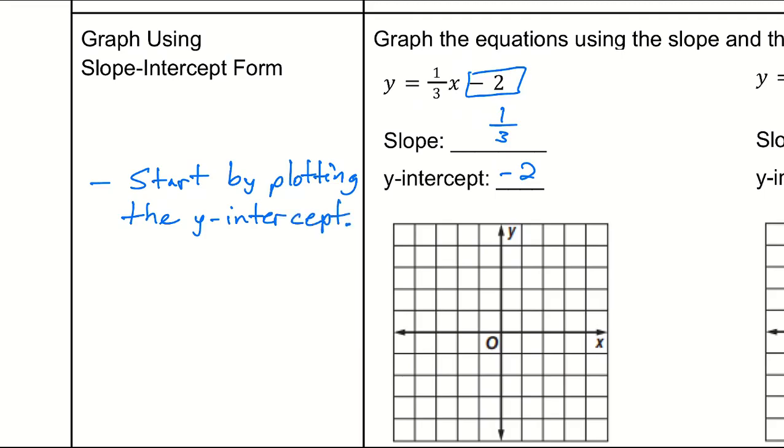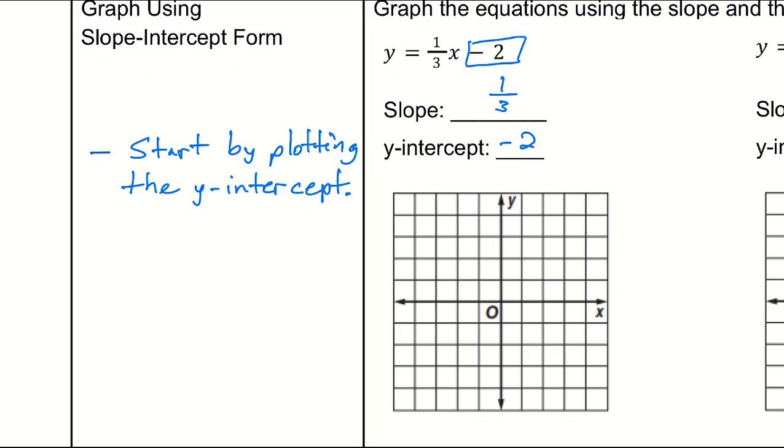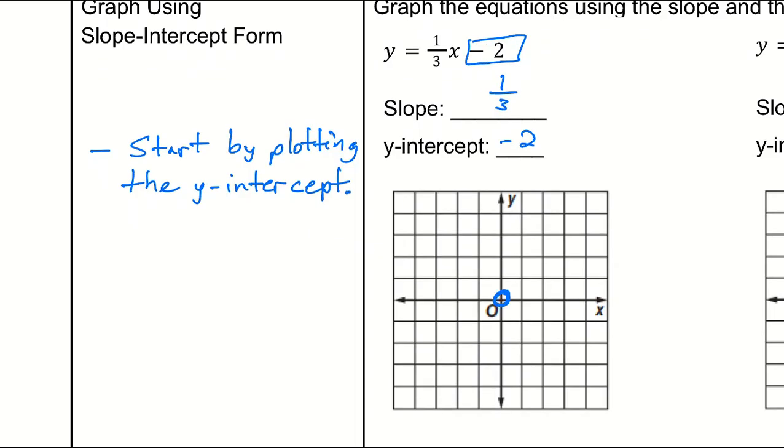Okay, so on this particular question, the y-intercept is negative 2. So when we plot points, we always start from the origin. So we're going to start there, and we're going to go down 2. So that would be the y-intercept of negative 2.